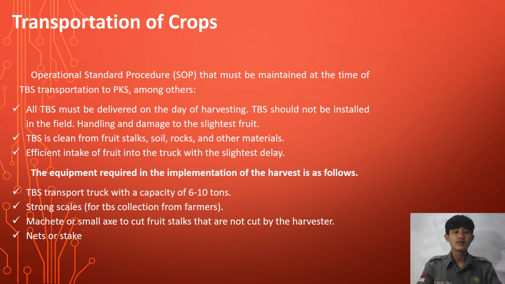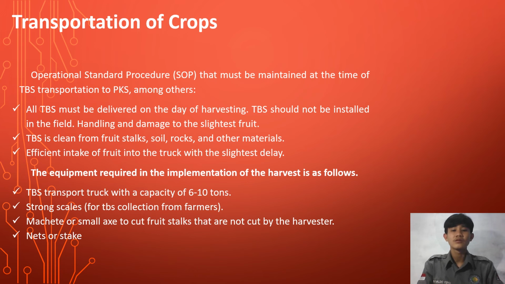Okay, transportation of crops. The Standard Operating Procedure or SOP, in bahasa, that must be maintained at the time of TBS transportation to PKS includes, among others: number 1, all TBS must be delivered on the day of harvesting.